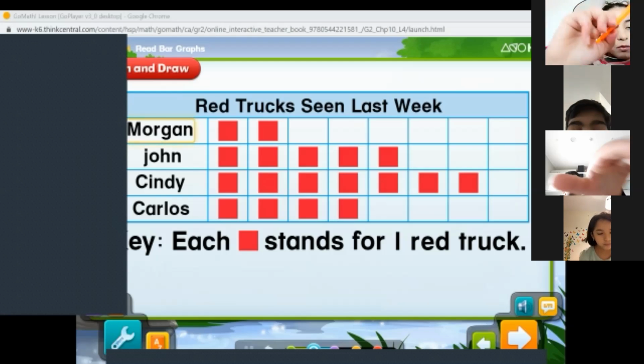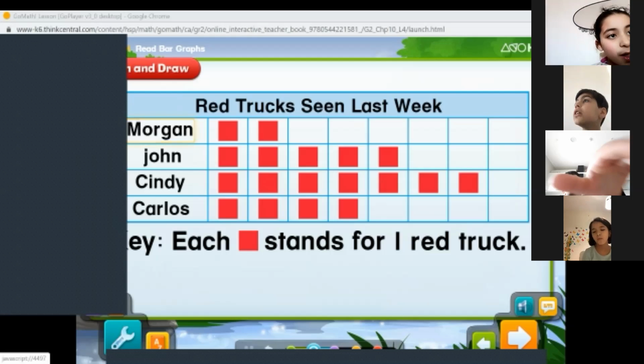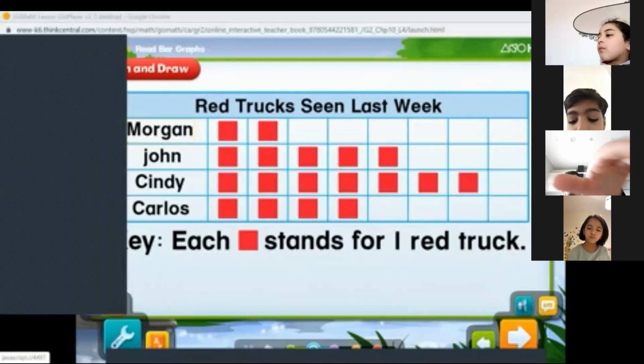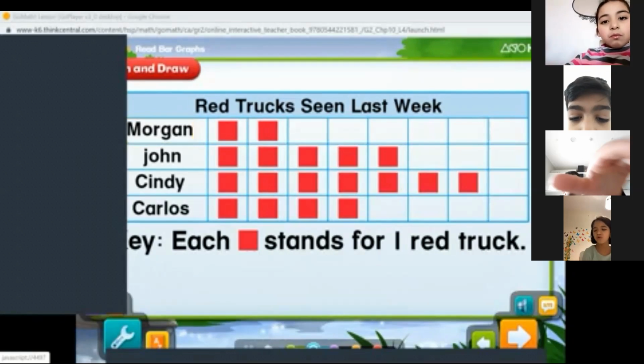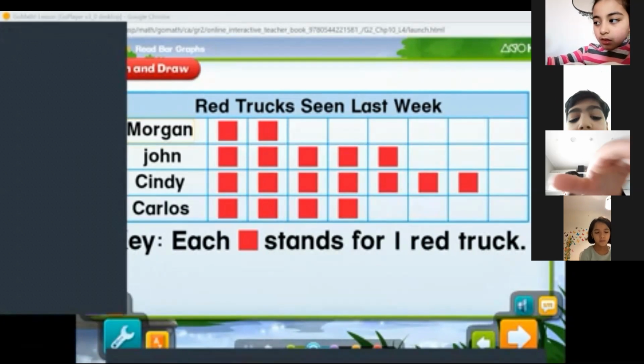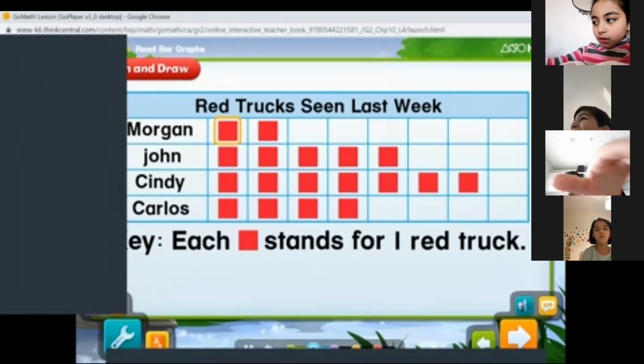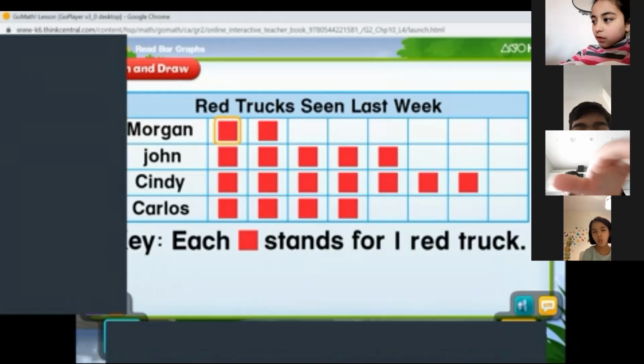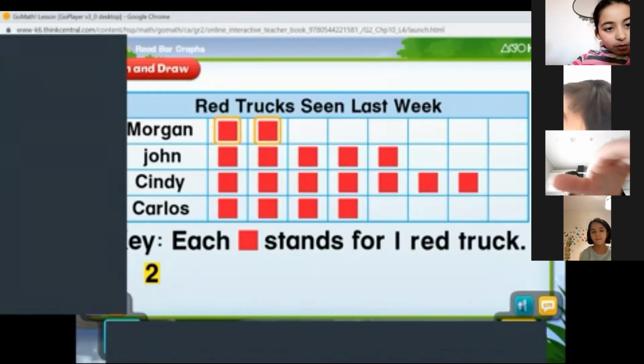Here, as you see them in the picture graph. Morgan, the first one. 2. 2. Thank you. 1, 2. 2 red trucks.